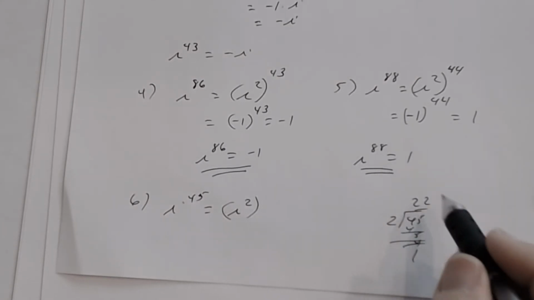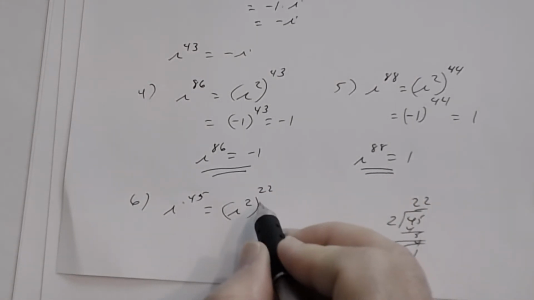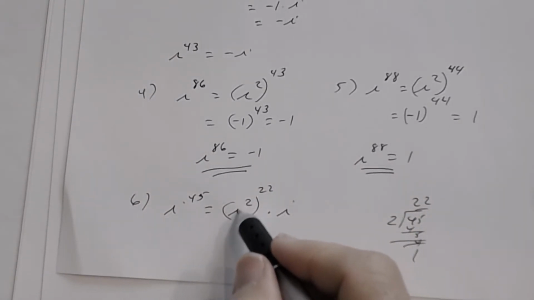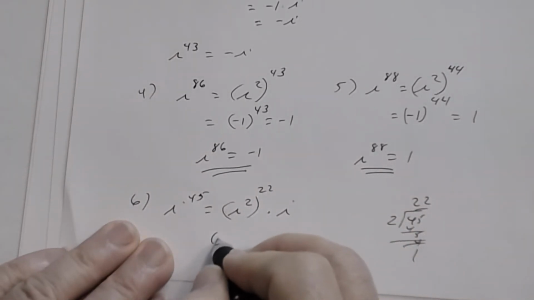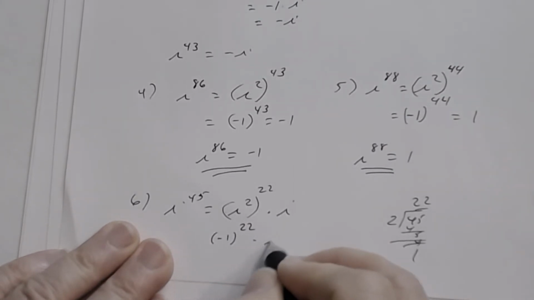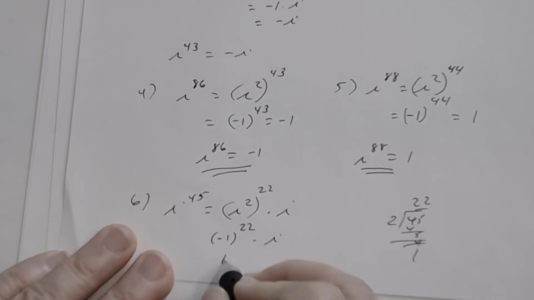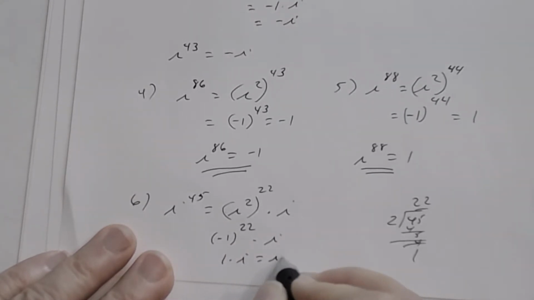So that's i squared raised to the 22nd power times i. Notice this is -1 raised to the 22nd power times i, and a -1 raised to an even power is always +1, and 1 times i is i.